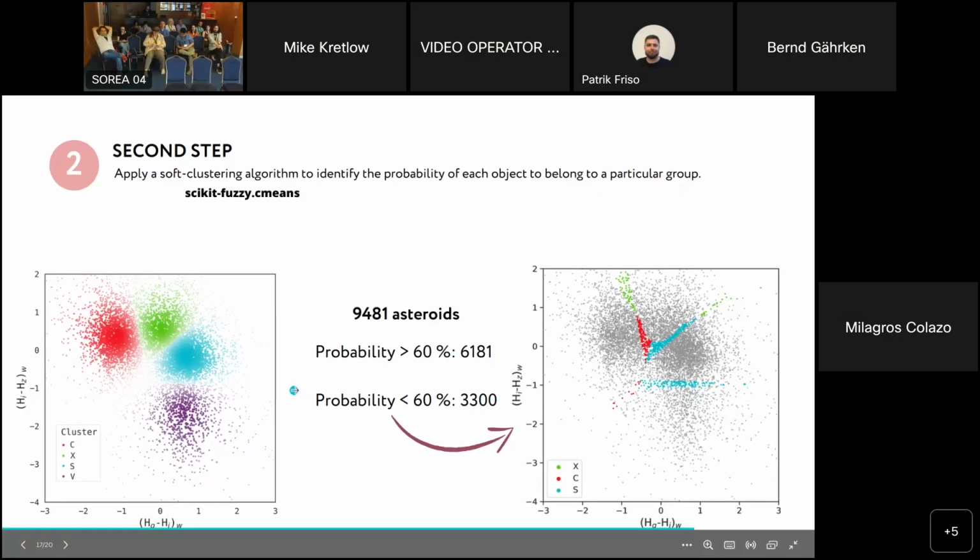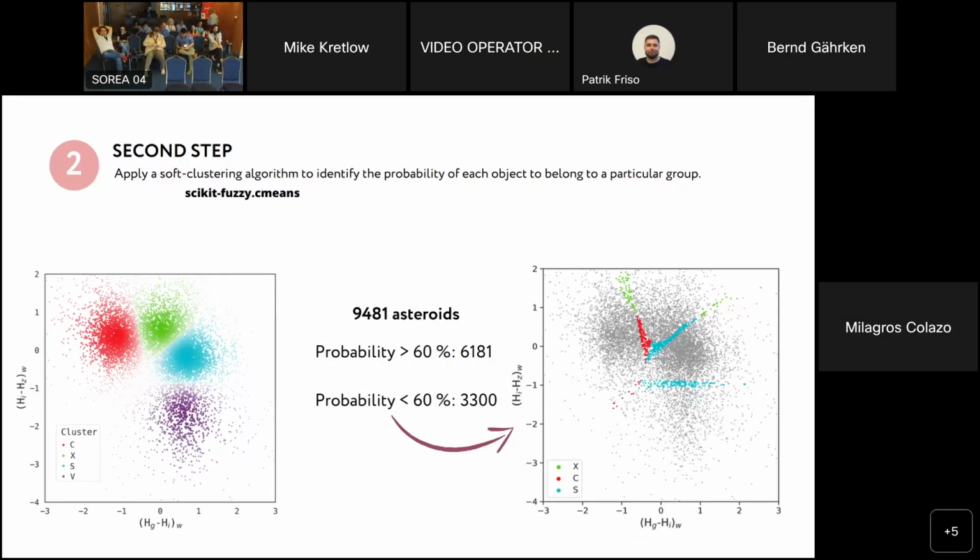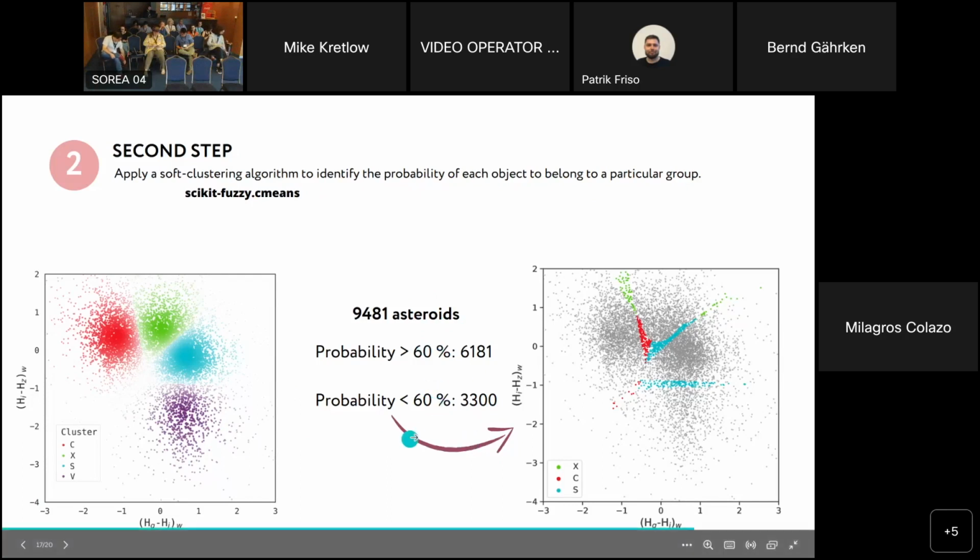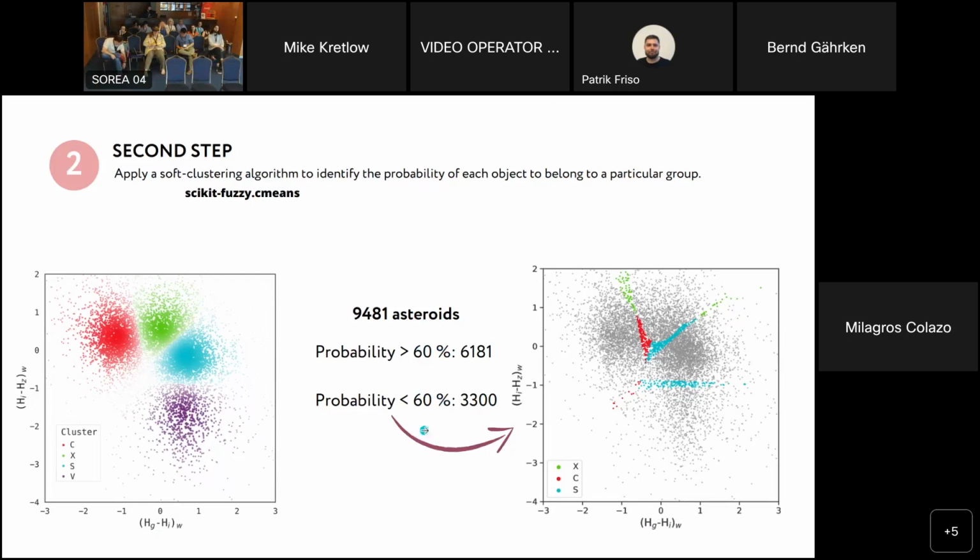We identify only the four most important clusters, and we classified 9,481 asteroids, about 6,000 with a probability greater than 60% of belonging to the assigned cluster. And the ones classified with probability less than 60% are obviously the ones in the zones where clusters merge, where they are mixed.